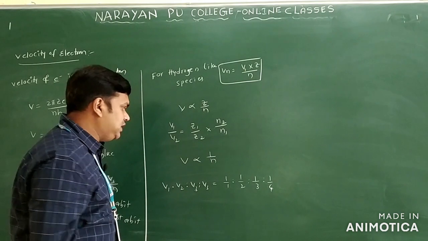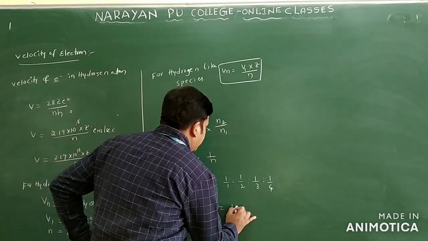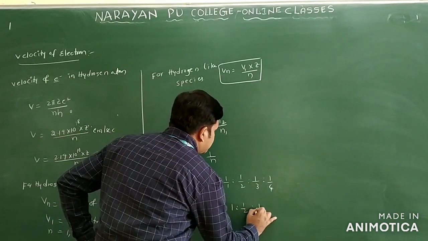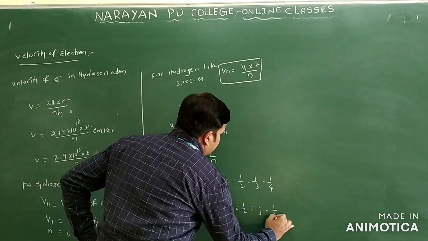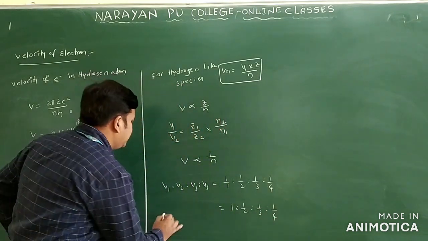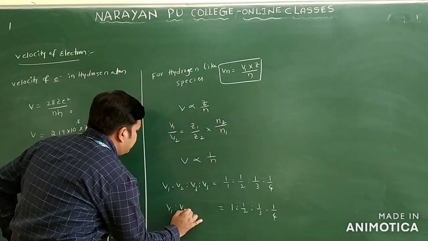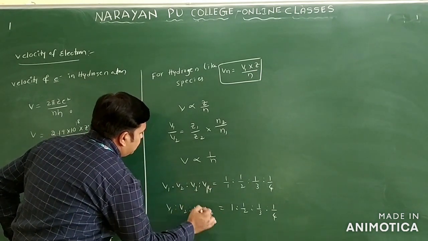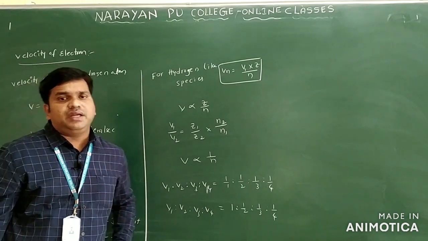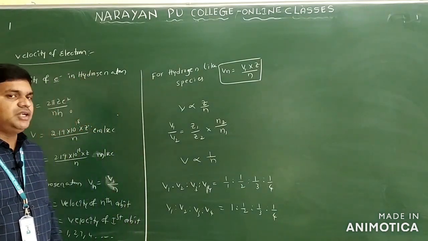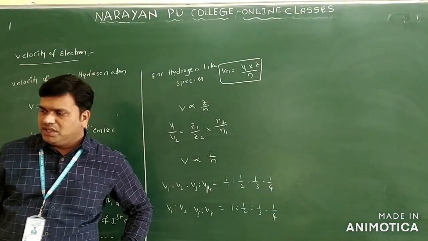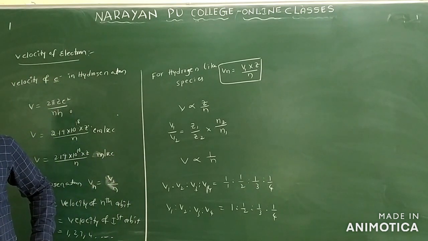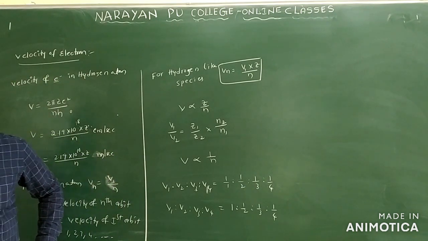This is the velocity for the first orbit, second orbit, third orbit and fourth orbit. So this is regarding velocity.